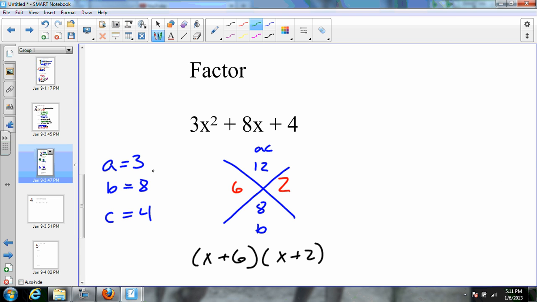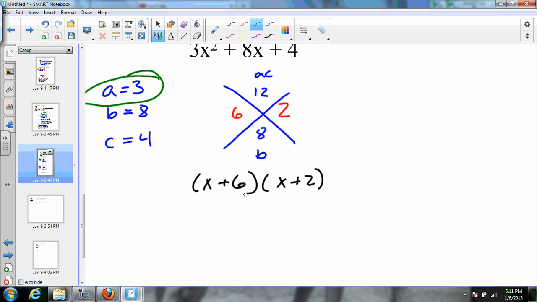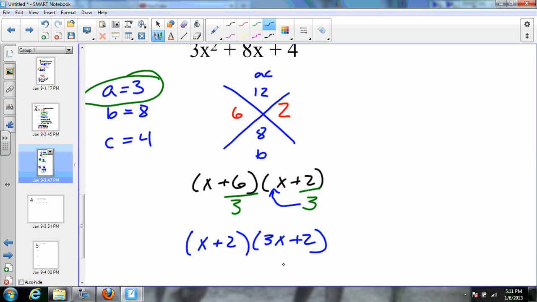But now, this is where we bring down our a. We have to divide by it at the 6 and the 2. Now, if it's divisible, we divide. 6 divided by 3, we get x plus 2. If it's not divisible, and you cannot reduce it, the 2 does not get divided by 3, they don't reduce, we move it up to the coefficient. Say 3x plus 2. That is factored completely.